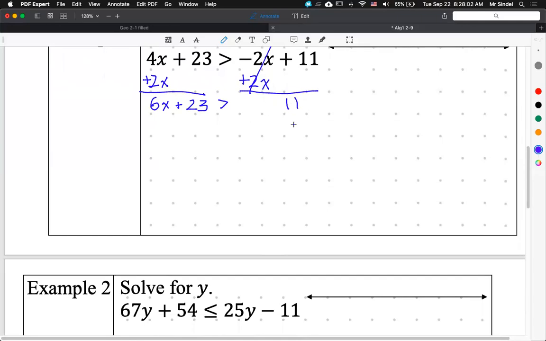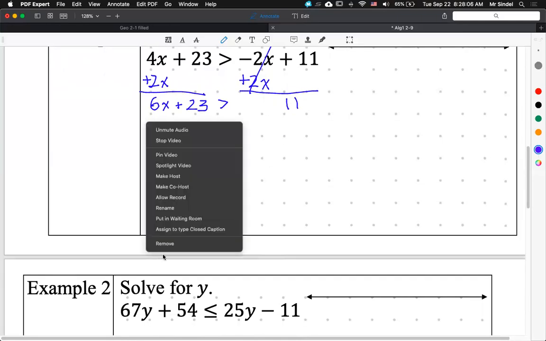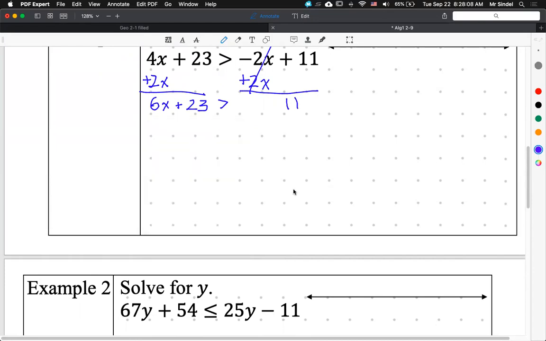Okay, now what do we do? Yeah, Haiti. Subtract 23 from both sides. Subtract 23, and that's going to be a little bit difficult on the right-hand side, but I think you've got it. So can you tell me what to write now? 6x plus 23 minus 23.